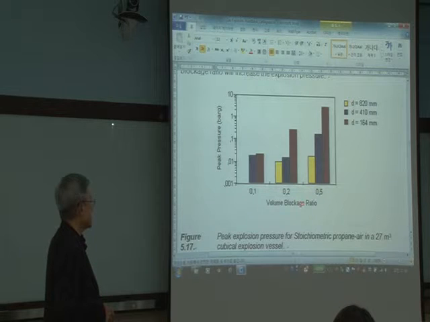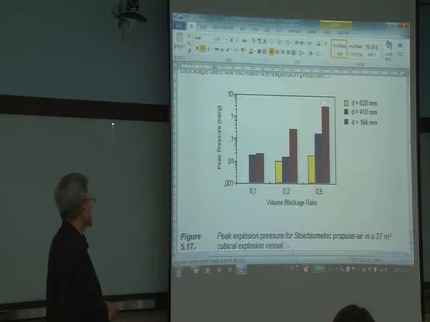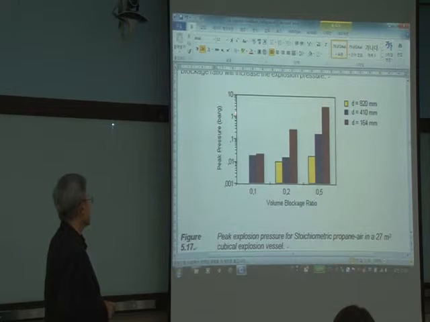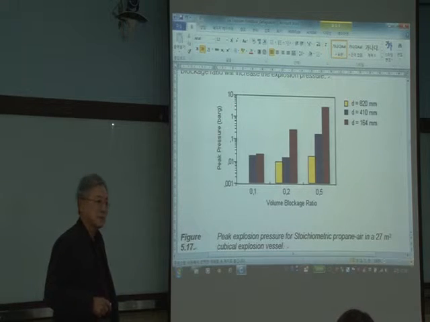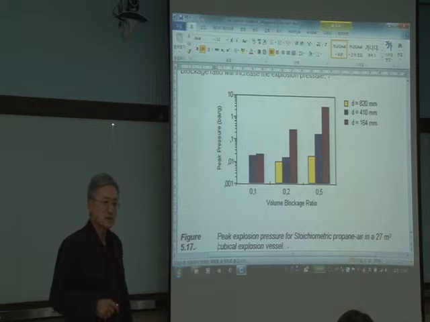If blockage is higher, then as we expect the pressure is higher, which is in log scale, 1, 2, 3, about 3.5 bar dynamic pressure.